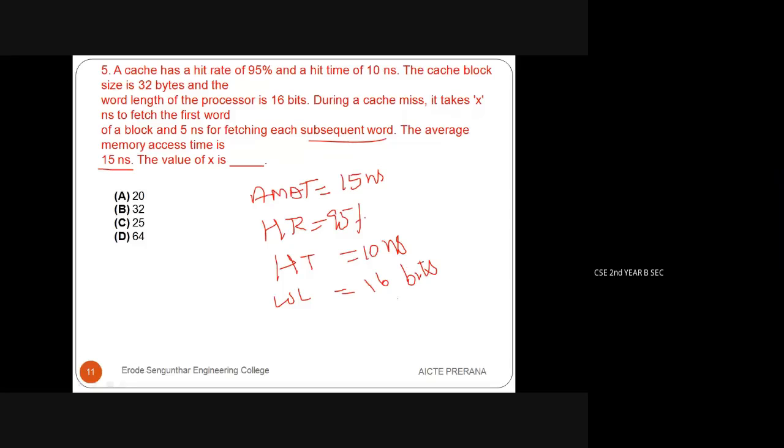These are all the data given, and you have to find the value of x.